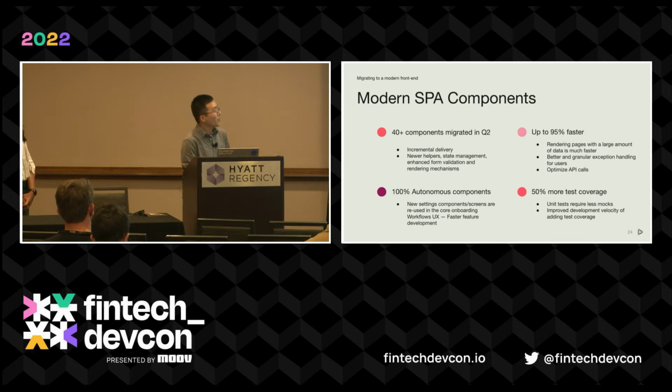What that meant is also better informative messaging when users make mistakes. And we can optimize API calls so that we actually reduce the API calls we make, and we reduce the DB queries needed. Also, all of the components were now 100% autonomous, which is very basic, but hard to achieve when you're coming out of a legacy front end.